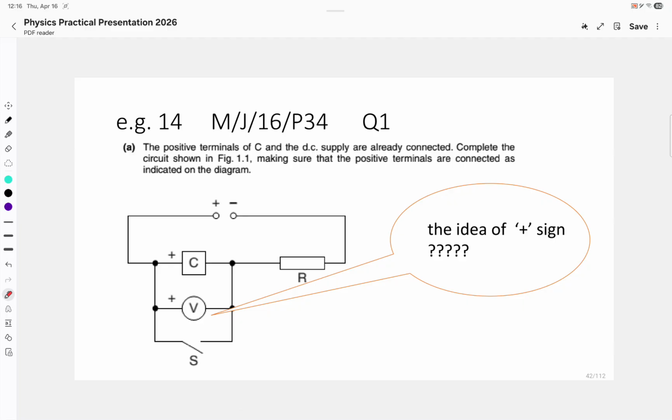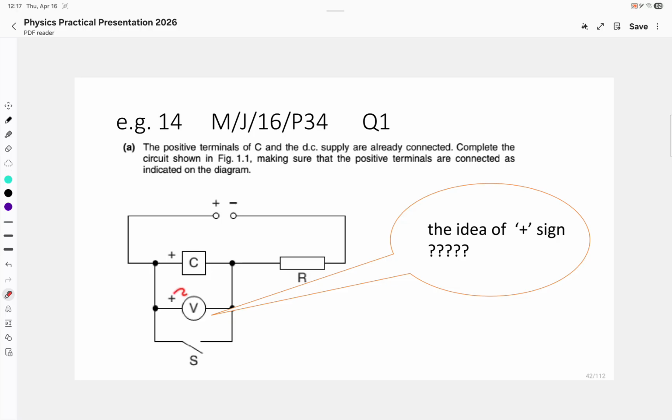Simple answer: when they deliberately give you the polarity, since we follow the conventional theory, when we mention a positive sign, it means a student, candidate, experimenter must take this care with a high responsibility that the positive terminal of the voltmeter, the positive terminal of this component, and the positive terminal of the battery must be connected in the right way, all on one side.